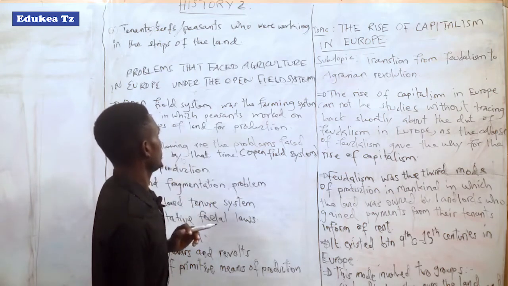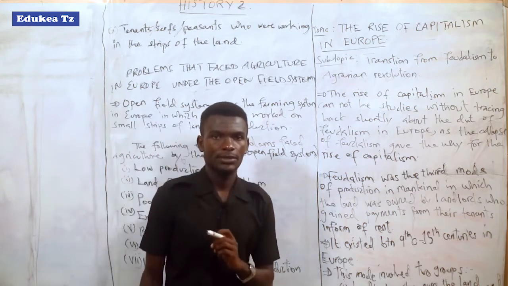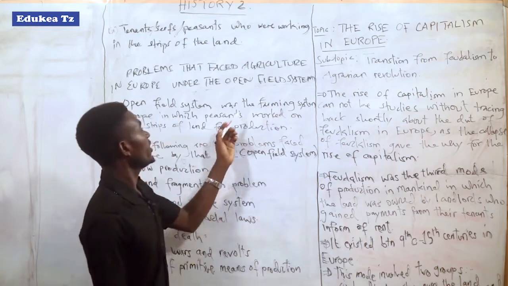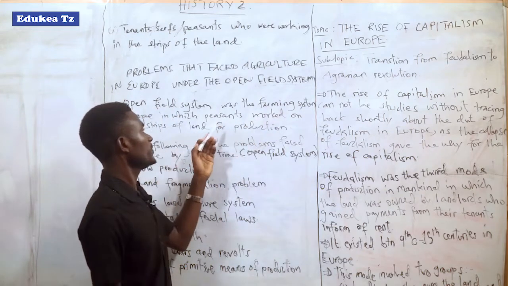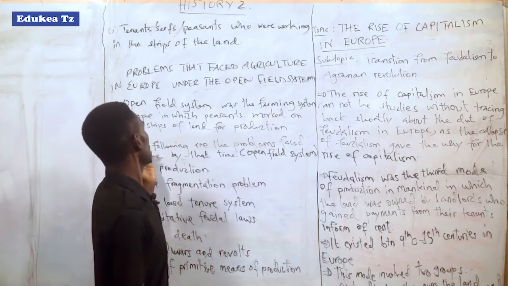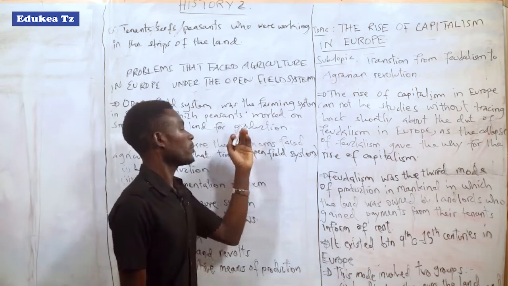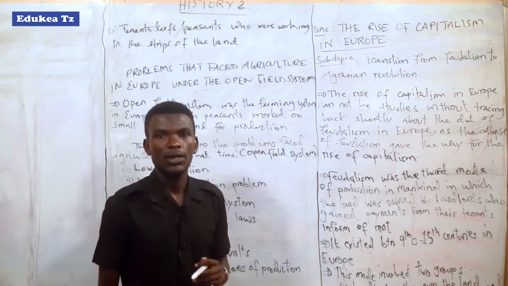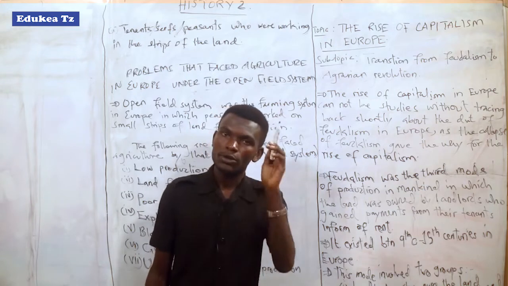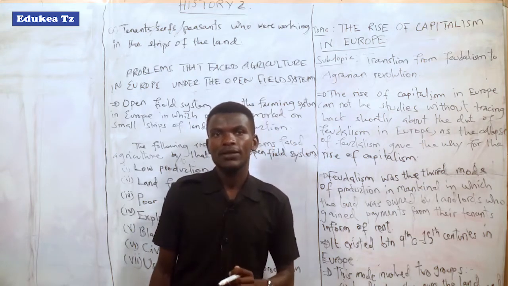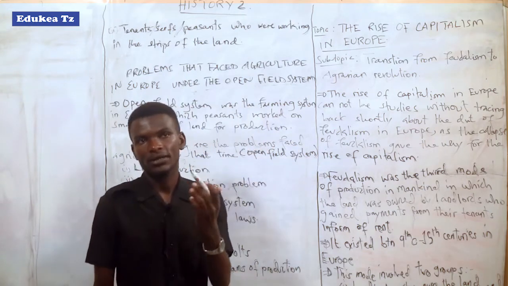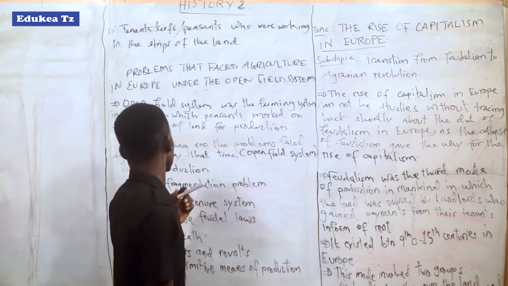What is the open field system? The open field system was the farming system in Europe in which peasants worked on small strips of the land for production. It means peasants were working on small strips of land for production of agricultural products.